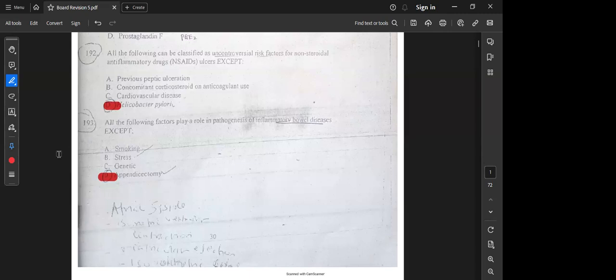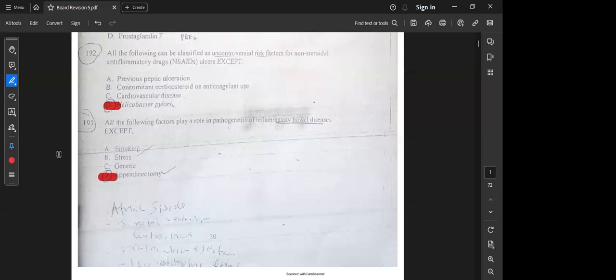Treatment here, mainly because it's more of a chronic disease, you're looking at long-term goals, such as remission, improving quality of life, and preventing relapse. Here we have some non-pharmacologic and pharmacologic modalities.